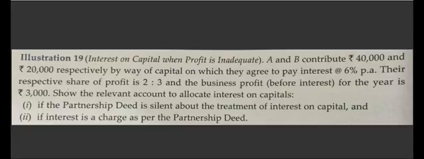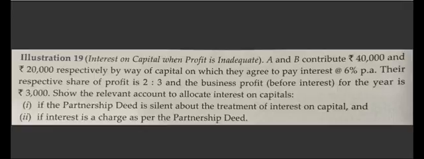Now, case 1 is if the partnership deed is silent about the treatment of interest on capital. Read carefully. It is not silent about interest on capital. It is given in the deed that interest on capital is to be paid at the rate of 6%.